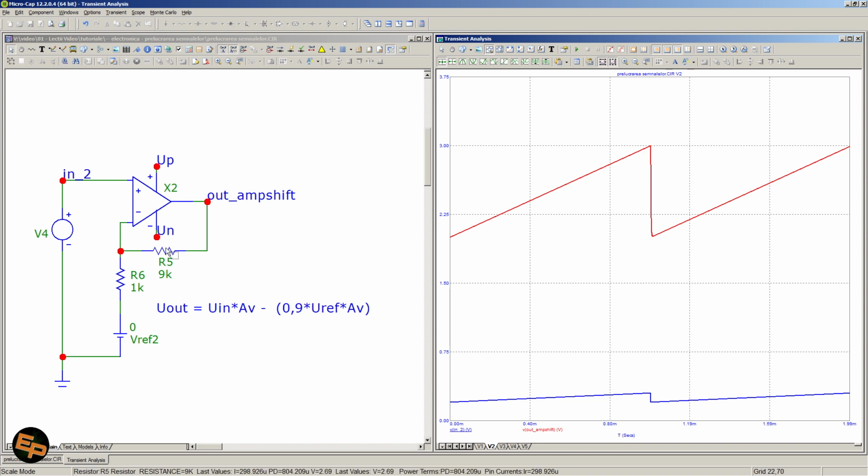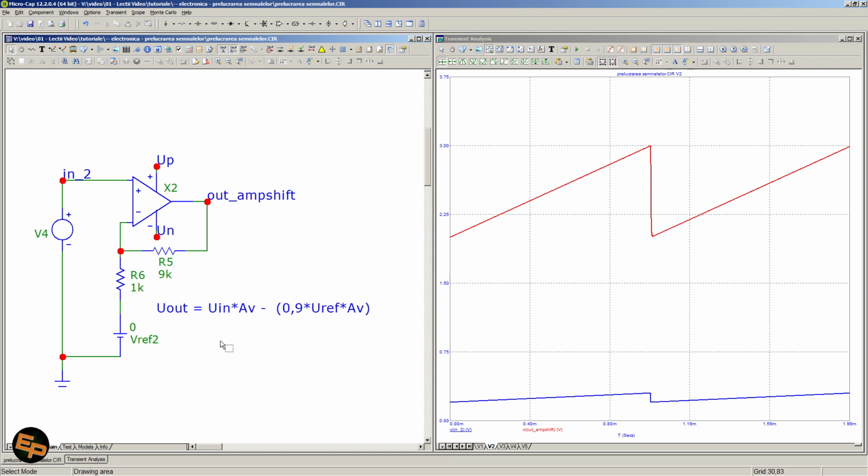The amplification factor is given by the ratio of these two resistors, and like I said, if you take a look at videos regarding inverting and non-inverting amplifier with op-amps, you will know that the amplification factor is 1 plus R5 over R6, in our example.